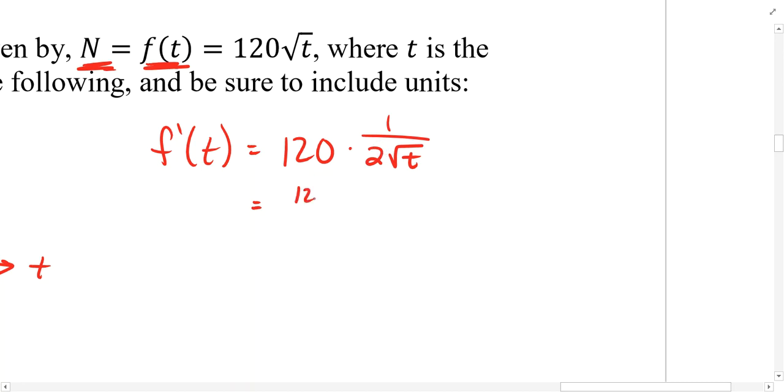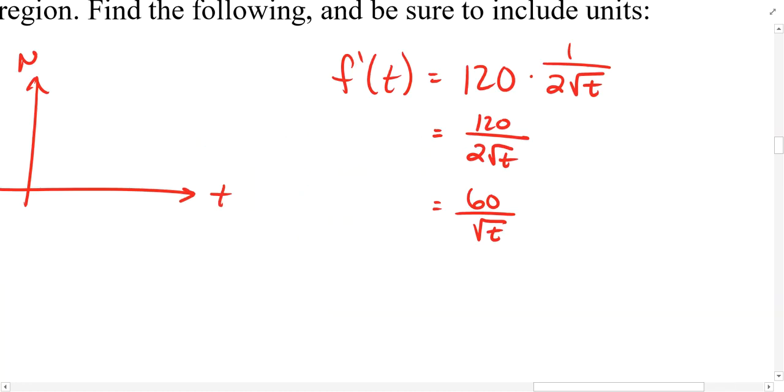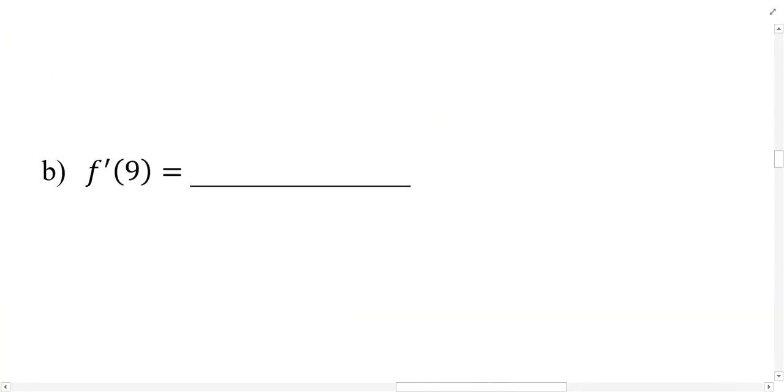And we can combine this, 120 over 2 square root t. And now that simplifies to 60 over square root t. When we evaluate f prime at 9, we need 60 divided by the square root of 9, which would be 60 divided by 3, which is 20.